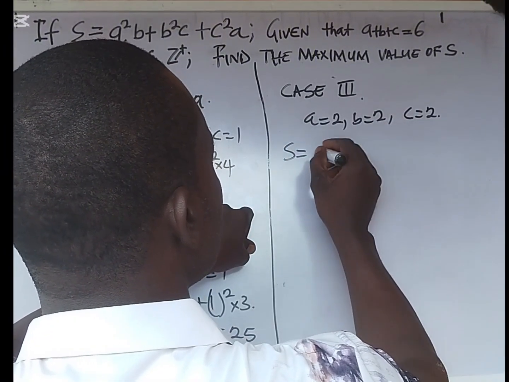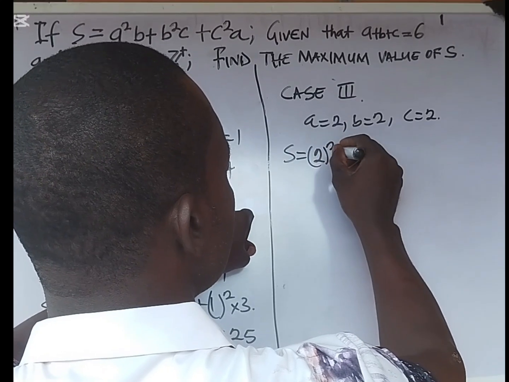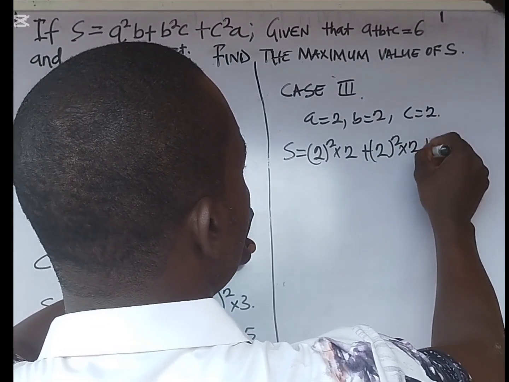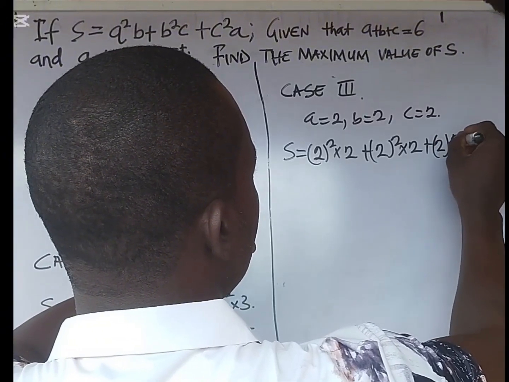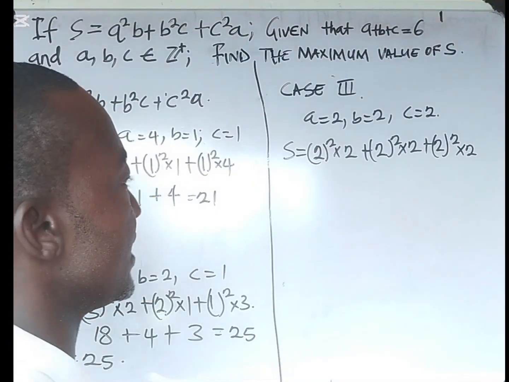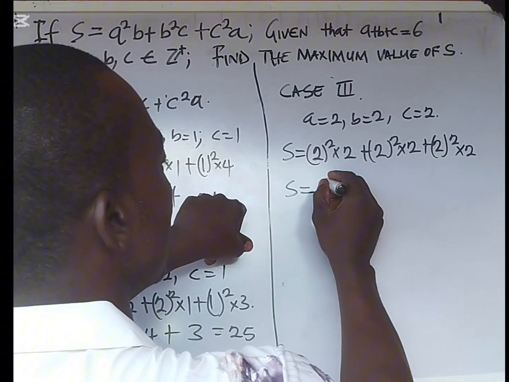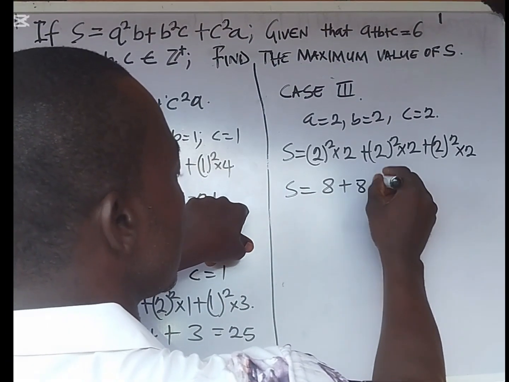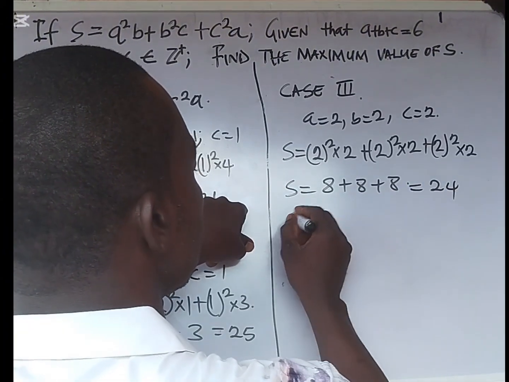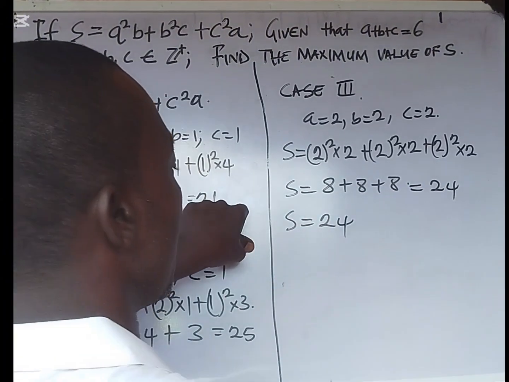So x will become equal to 2 squared times 2 plus 2 squared times 2 plus 2 squared times 2. 2 squared is 4, and 4 times 2 is 8. So x will become equal to 8 plus 8 plus 8. This is equal to 24. So x is equal to 24.